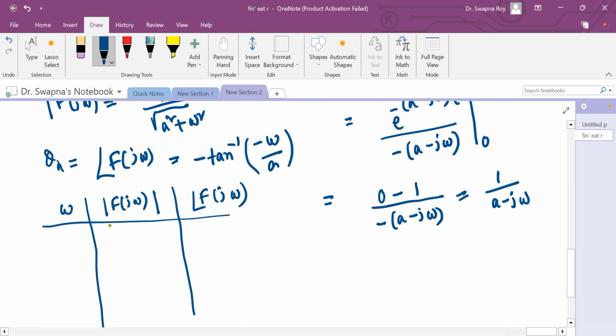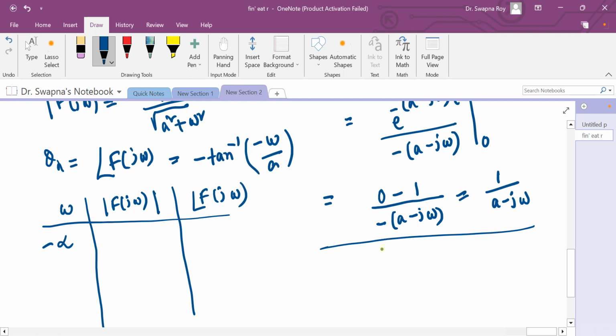So I'm putting omega as minus infinity. If I put omega is equal to minus infinity, what is the value of minus tan inverse of minus omega by a?